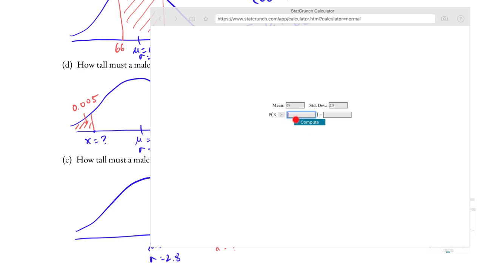So clear it. If there's any value in there, clear it. And then in the area after the equal sign, we would enter the area, and the area is 0.0025, and then we hit compute.